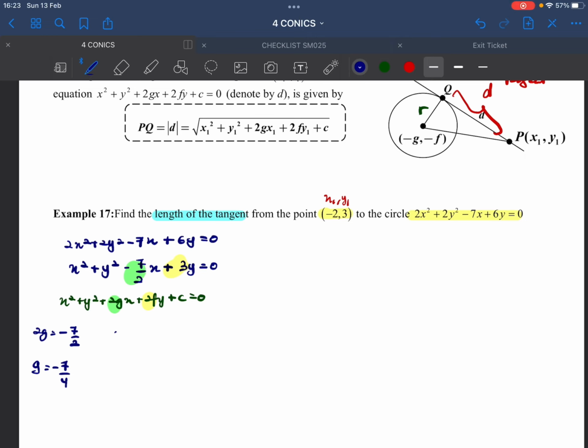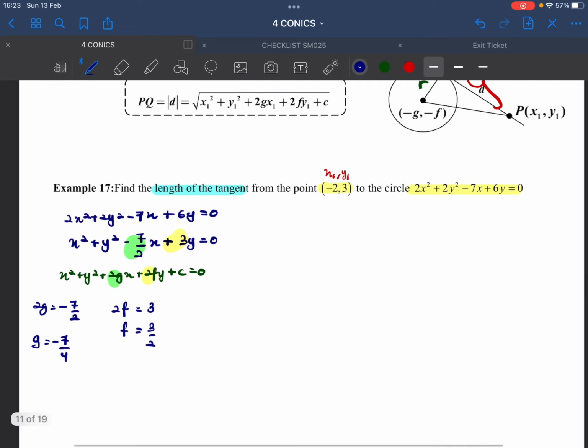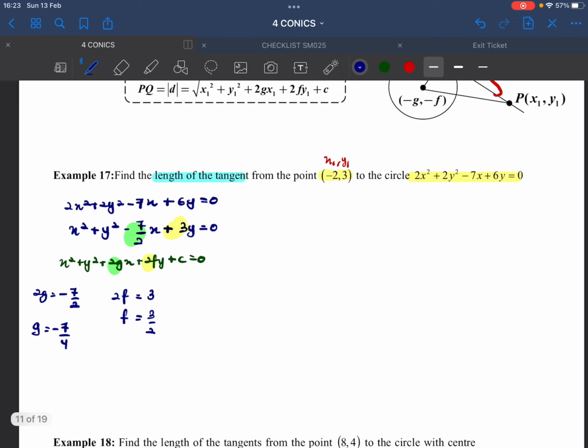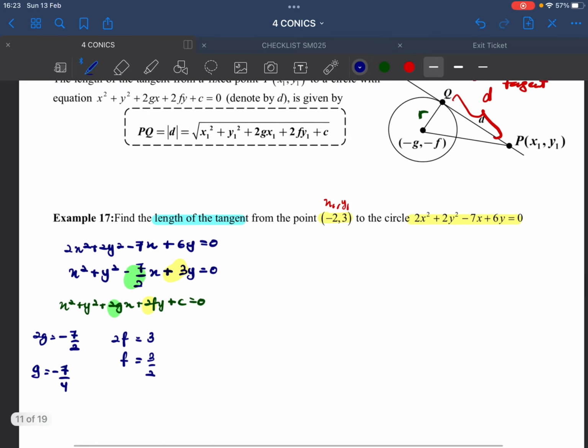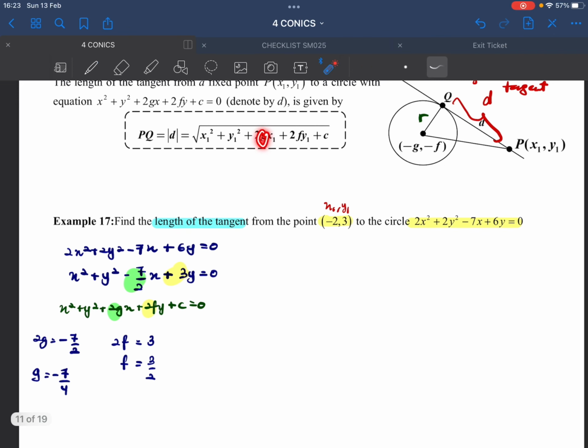And here we have 2f equals to 3, so f equals to 3 over 2. Now we have the center. Obviously the center is 7 over 4 and negative 3 over 2. But for this formula, we don't have to find the center. We only need the g and f.